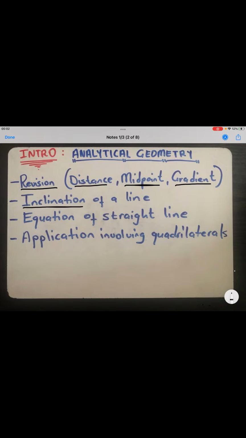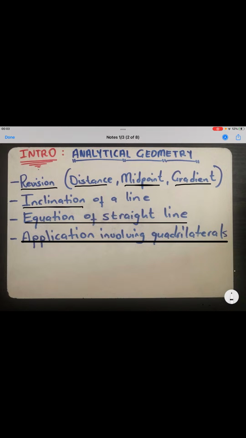This is where we will also talk about an angle of inclination. Thirdly, equation of a straight line. Lastly, application involving quadrilaterals. This is all that you need to be aware of. Just make sure that at all times when you study analytical geometry, you cover all of those.